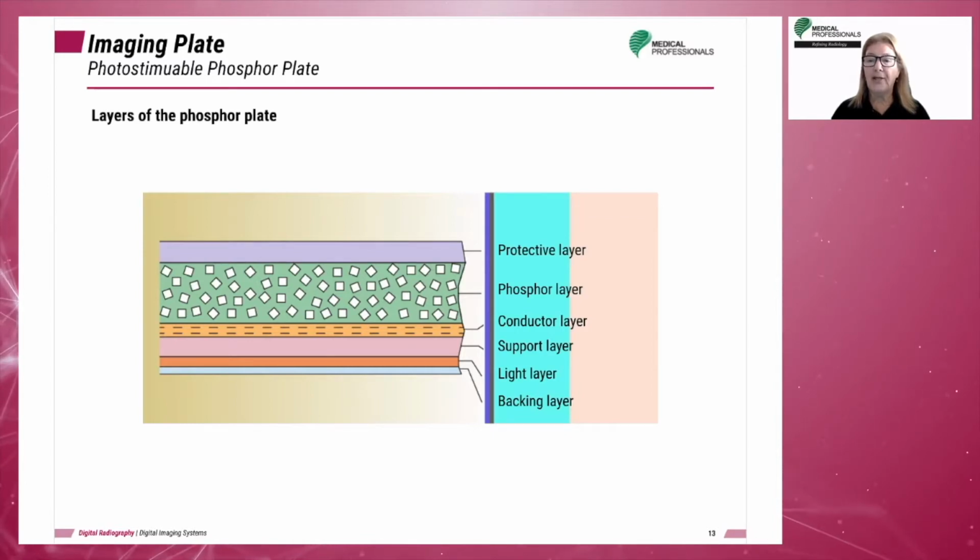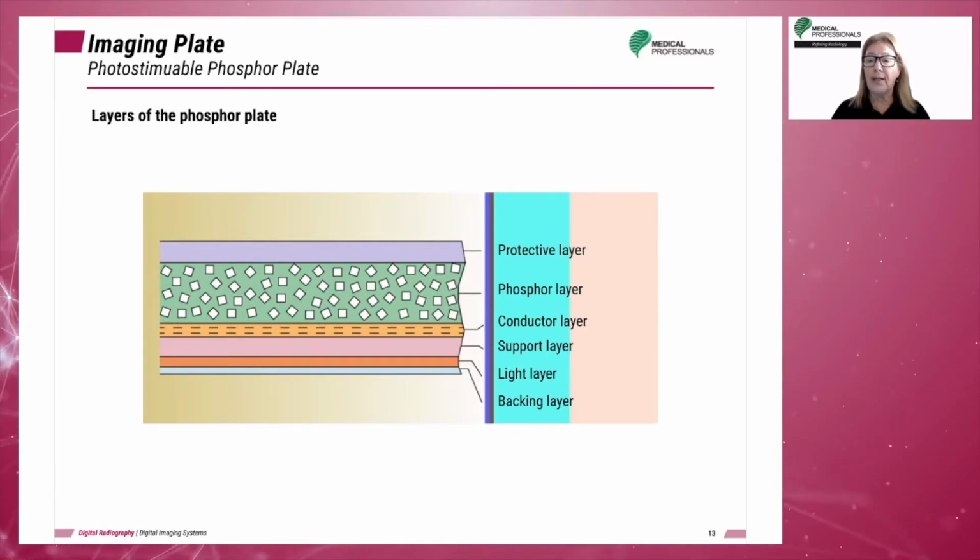The color layer may be present in newer plates, and it is used to absorb stimulating light and reflect emitted light. The light shield, or reflective layer, reflects light released during the reading phase.